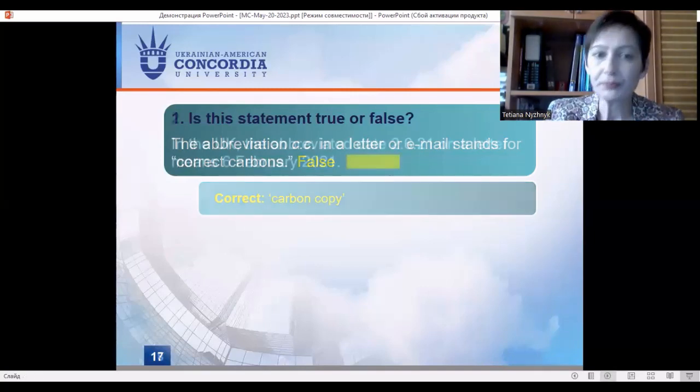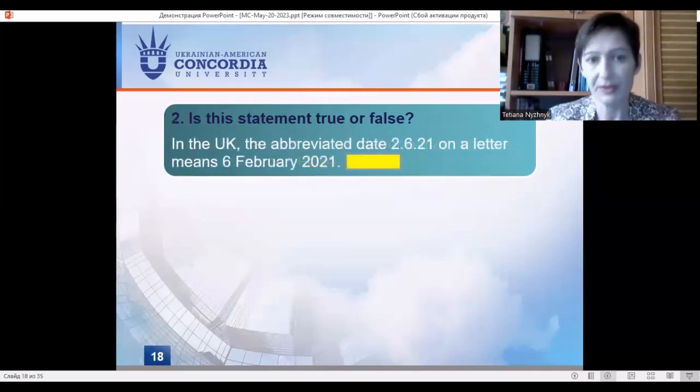Question 2. Again, is the statement true or false? In the UK, the abbreviated date 2.6.21 on a letter, or actually in any document, will mean the 6th of February, 2021.